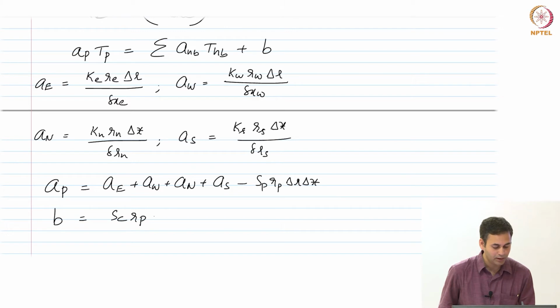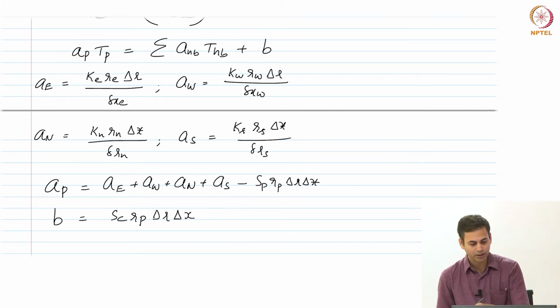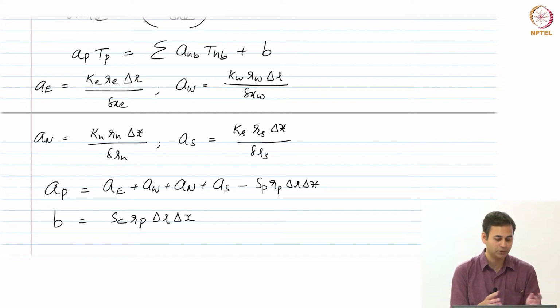SC RP delta R delta X, that is all. So, essentially everything else remains the same. You can of course apply boundary conditions as special cases on the boundary faces whenever it is given, and we can go ahead and solve these axisymmetry problems.